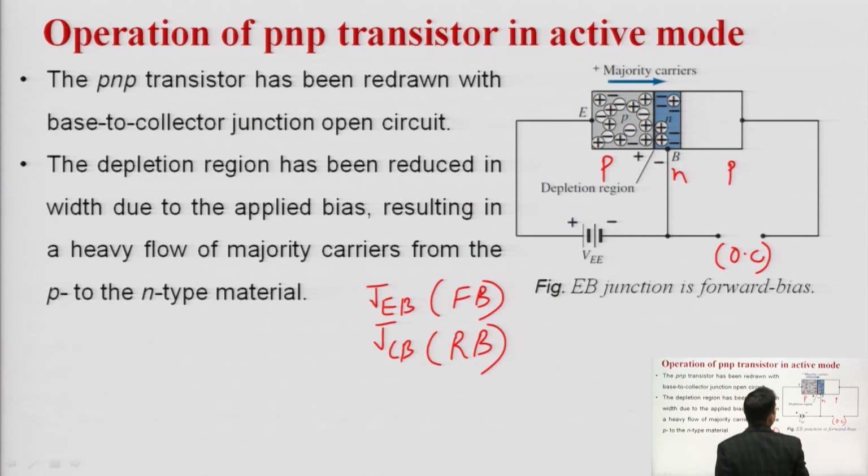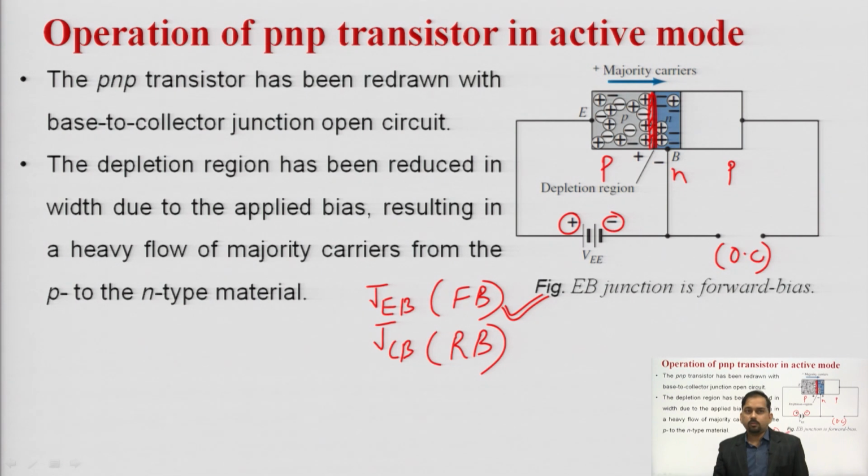Here we can clearly see that the P type is connected to the positive of the battery and the N type is connected to the negative of the battery. So this emitter base junction is forward biased. During this forward bias, the depletion region formed near the emitter base junction will be very narrow, because we are already aware that during forward bias the width of the depletion region is narrow.